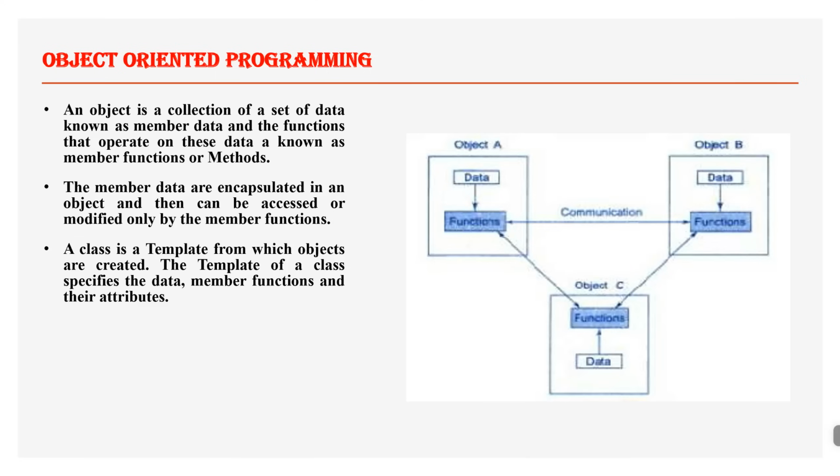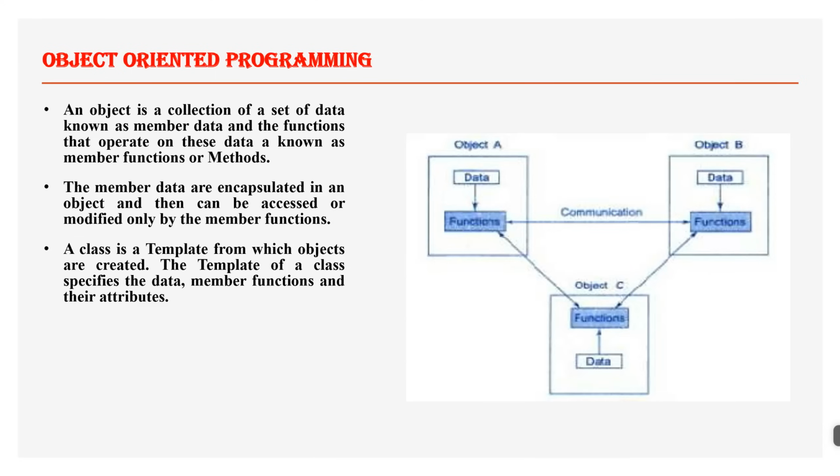As mentioned, the member data are encapsulated inside the object, which means member data are not accessible outside. Nobody can get the details of the member data other than the member functions.